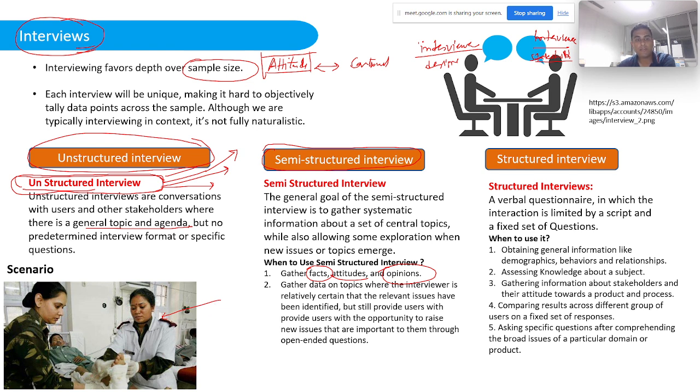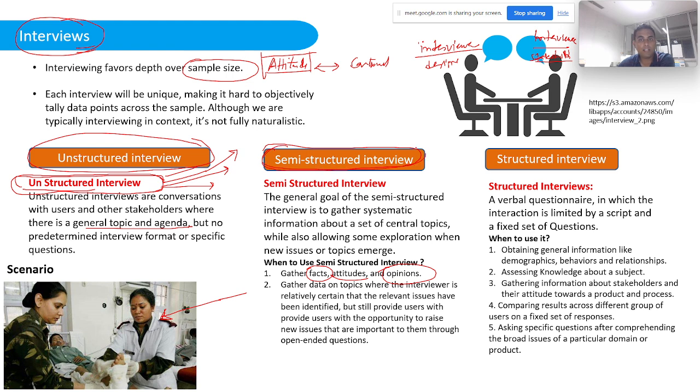That particular question may not be pre-decided for you, so you ask a follow-up question to know further in that line of thought. This happens generally in a semi-structured interview.